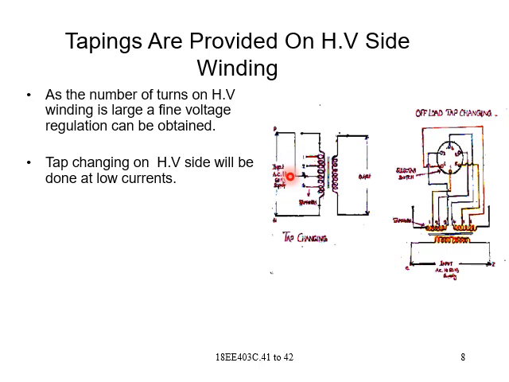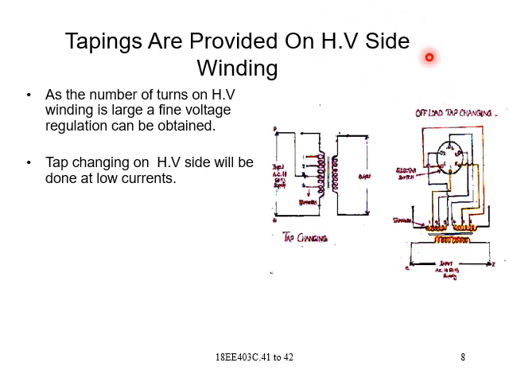If the sparking is more, there is a wear and tear problem, damage occurs and it may even burn. So to avoid that, if the value of current is low, the sparking is less, wear and tear problems are less, burn damage is also less, and there may be no damage. So in order to do that, we do the tappings on the HV side.